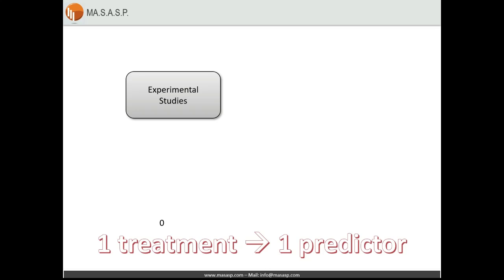Well, let's see first what experimental studies are about. To put it in a nutshell, experimental studies are about assessing one predictor called treatment, that in the clinical research context may be a drug.